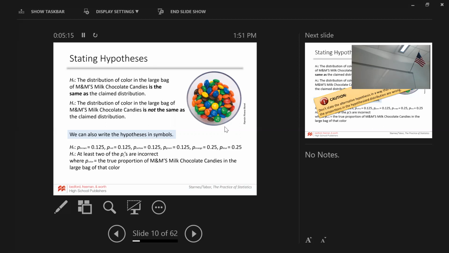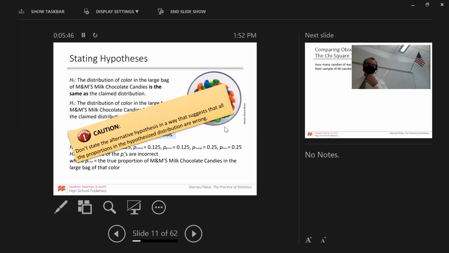The alternate is one of them's wrong. But if one of them's wrong, two of them have to be wrong. Make sense? Because if one's wrong, those colors had to go somewhere else. So the alternate is at least two of them are incorrect. It's impossible to have just one be wrong. So there's your null and alternate.